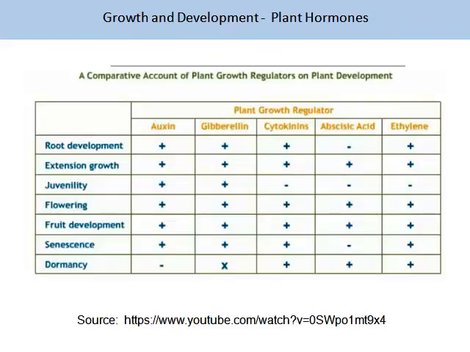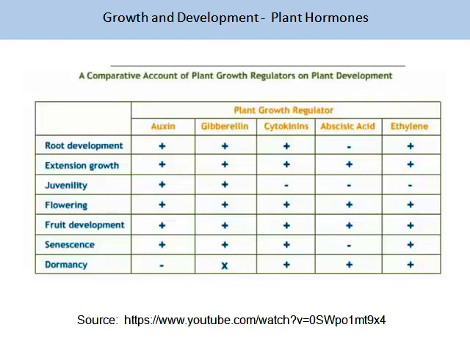The table on the slide is a comparative account of plant growth regulators on plant development. On the left-hand column you will see listed the stages of growth and development, from root development through to dormancy. The following columns after this represent whether the hormone is present with a cross or absent with a slash.